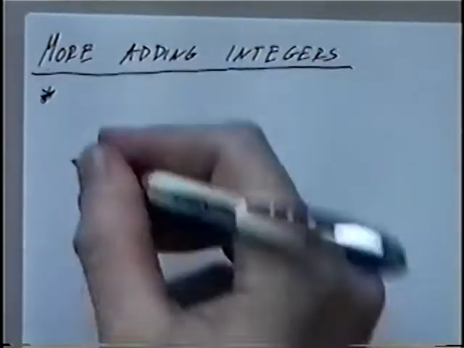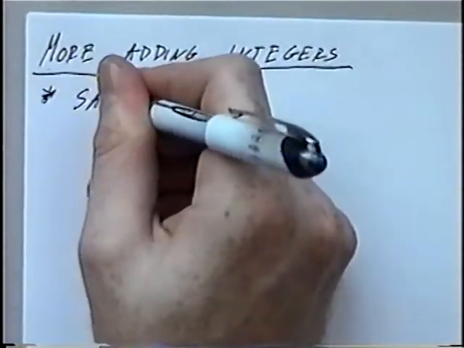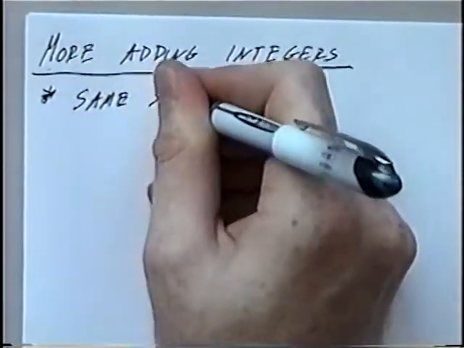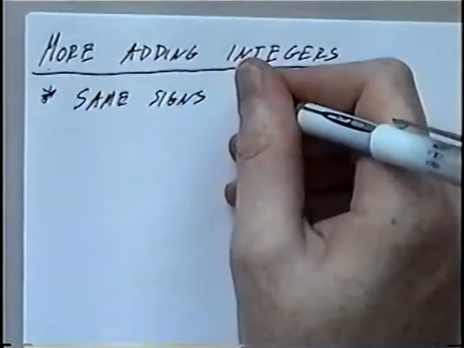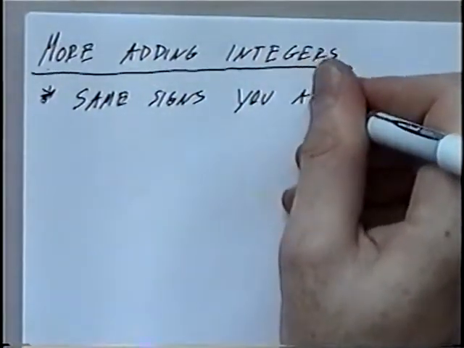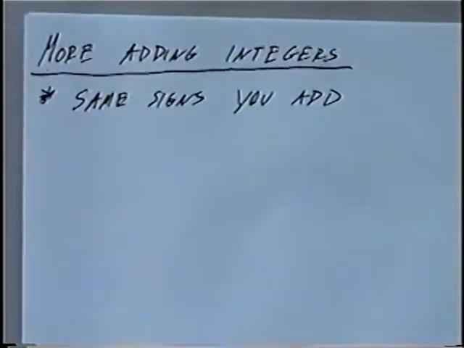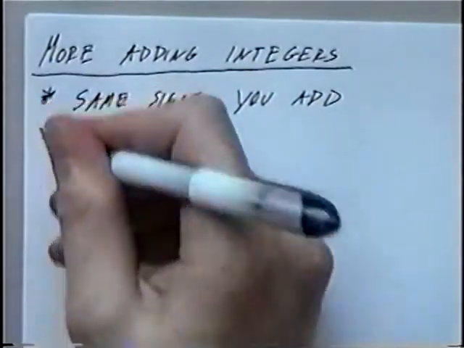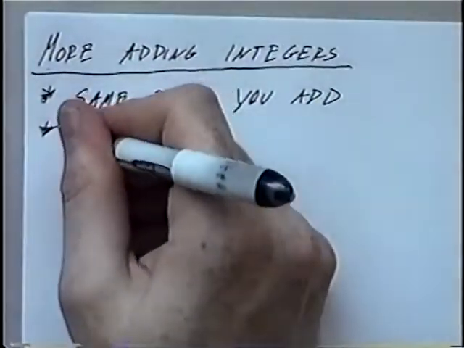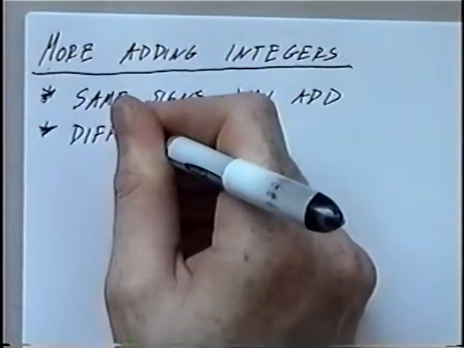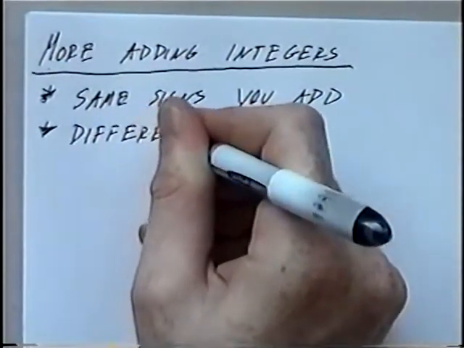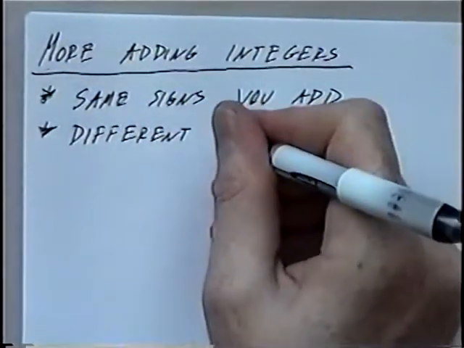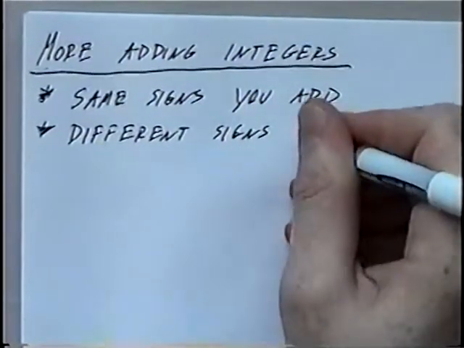The first rule that we'll follow is same signs: you add. And the second one, different signs: you subtract.